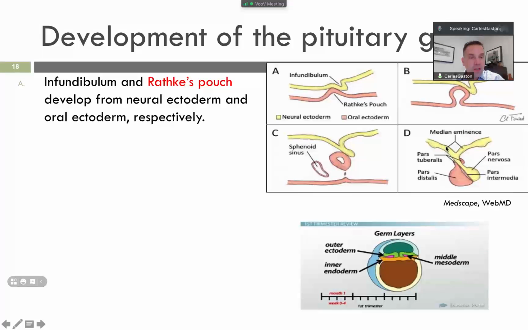The infundibulum, here in yellow, will come from the CNS, or the nervous system. So the Rathke pouch develops from the oral ectoderm and the posterior lobe from the neural ectoderm, respectively. That's why it has a double tissue embryonic origin. So remember, the infundibulum or posterior lobe comes from the CNS, and the Rathke pouch or anterior pituitary from the oral ectoderm.